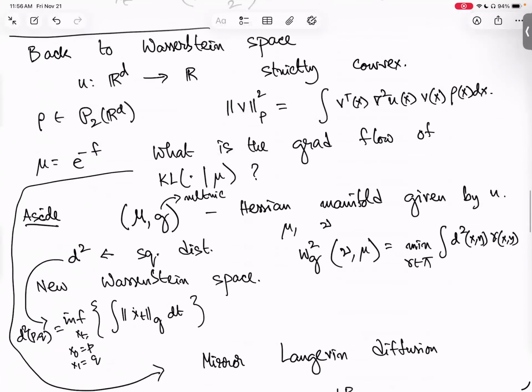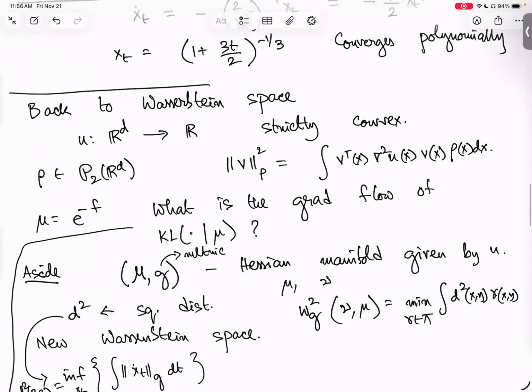So what did we do for the mirror geometry? I took some strictly convex function u. For every probability measure rho in P2 of R^d, I changed my metric tensor by, instead of taking my L2 geometry, looking into v transpose Hessian of u at rho x dx.